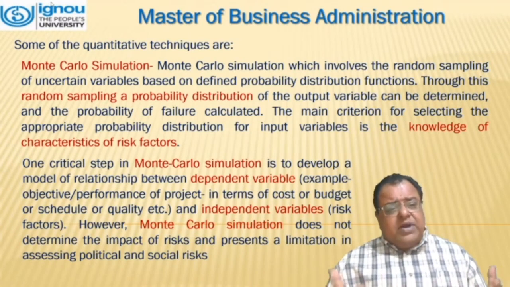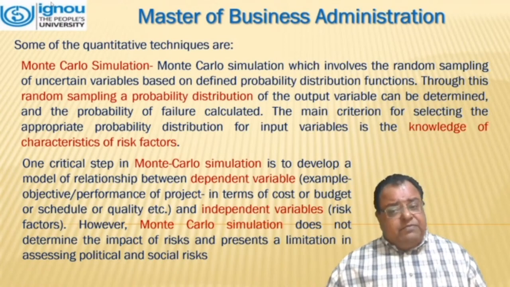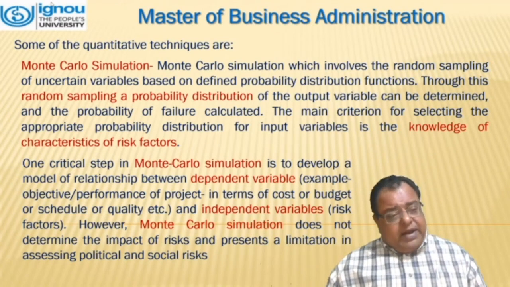We will start with Monte Carlo simulation, which involves the random sampling of uncertain variables based on a defined probability distribution function. Through this random sampling, a probability distribution of the output variable can be determined and the probability of failure can be calculated.